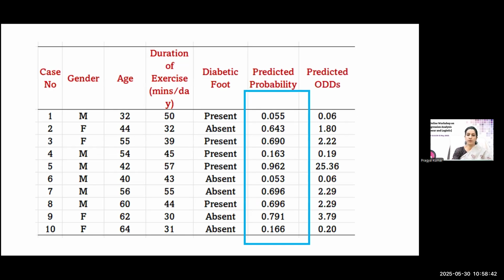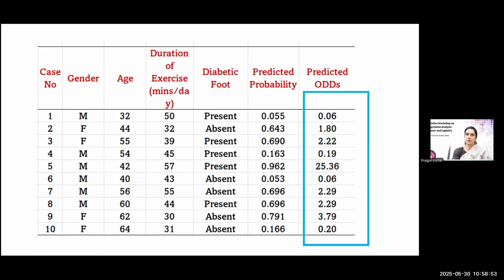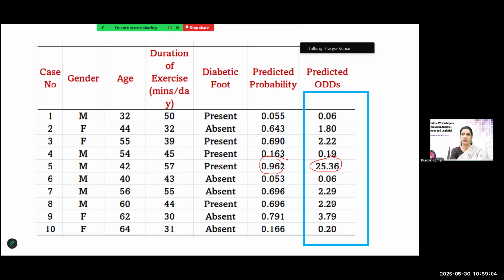Now, what is the problem with odds? This is the predicted probability, and if you calculate the predicted odds, these will be the predicted odds. Now it has a value of 25 also. If the predicted probability is 0.96, the odds is 25.